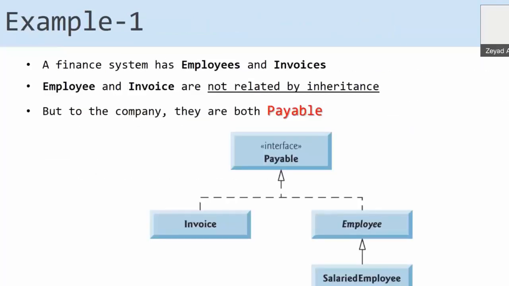This is a payable interface. Look at it. This is an interface, payable, invoice, and employee. You pay an employee and you pay the invoice. Look at the bullets. A finance system has employees and invoices. Employees and invoices are not related by inheritance, but to the company, you must pay both of them, right?